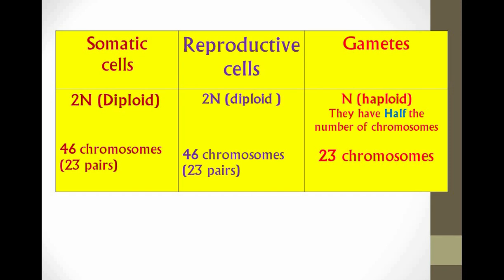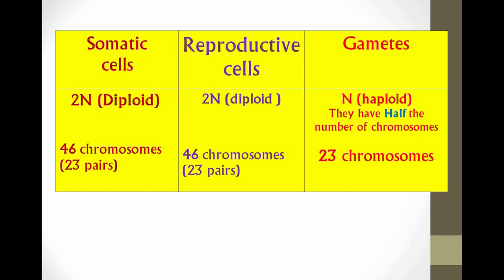But gametes, which are produced from reproductive cells, contain n only, or the haploid number, which is half the number of chromosomes in somatic and reproductive cells. So gametes contain 23 chromosomes only.